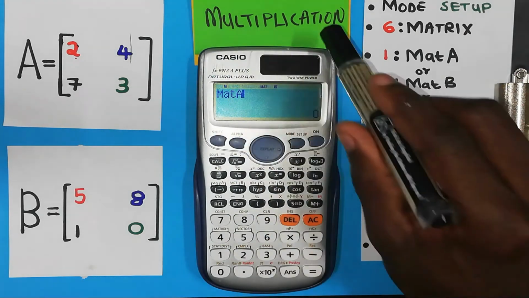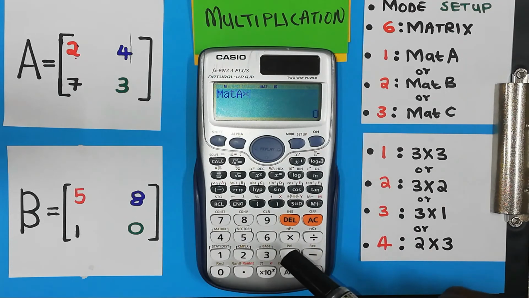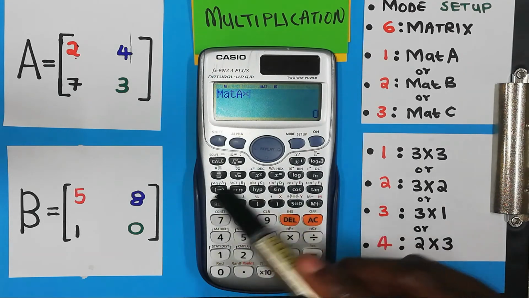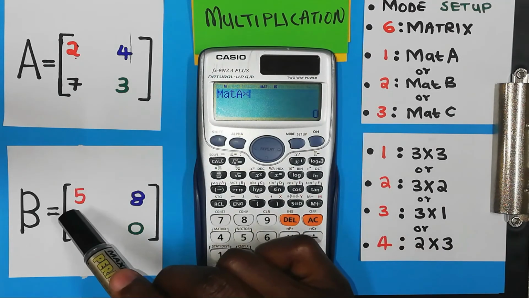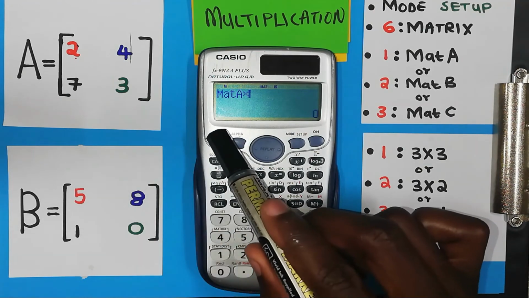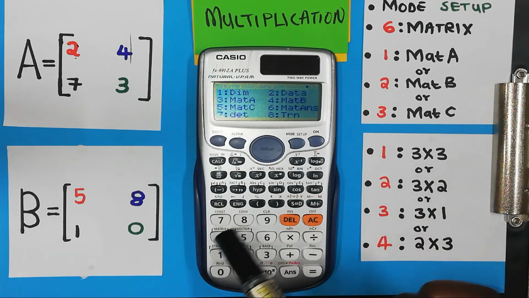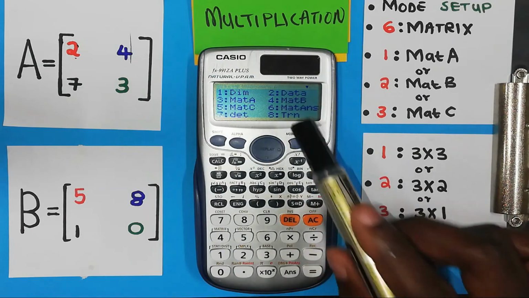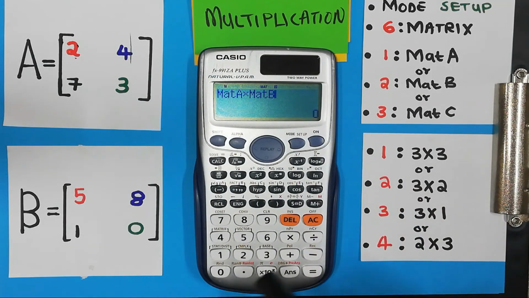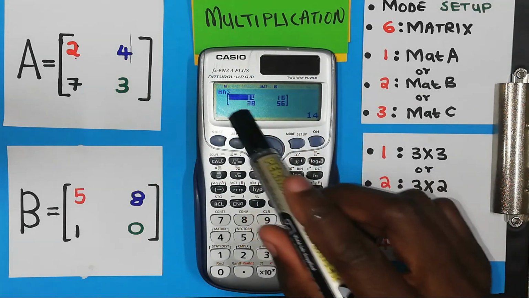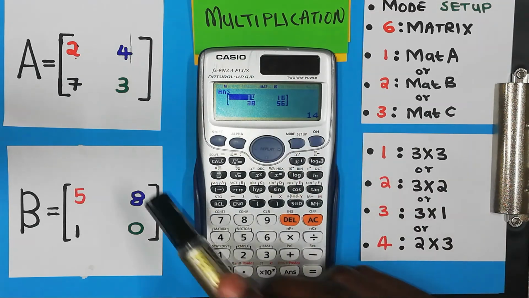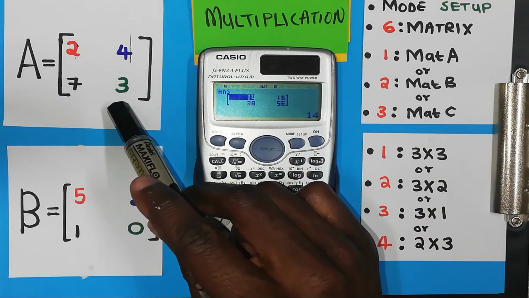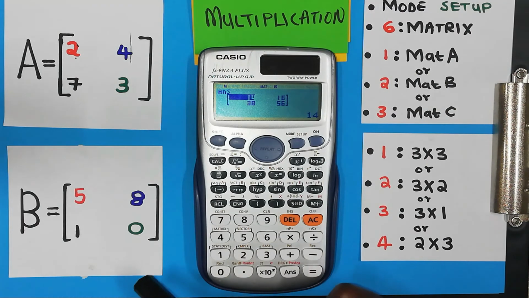Then in this case, we are multiplying, therefore I press multiply. Then let's access matrix B. It's shift, then you press 4, then you press option 4 for matrix B. Option 4, equal sign. This is the answer when you multiply matrix A and matrix B.